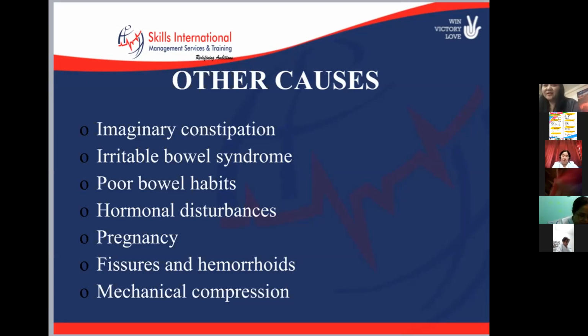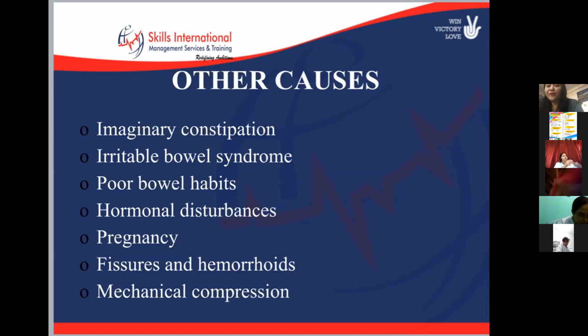Now, the other causes are imaginary constipation and irritable bowel syndrome. When you have poor bowel habits, people usually have a proper way of bowel movement, but because of poor bowel habits, we are always hurrying and forgetting to evacuate our bowels.